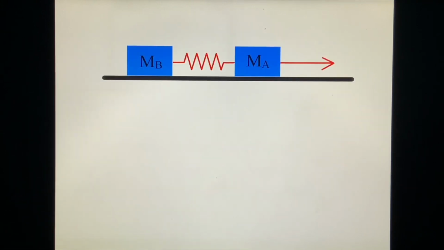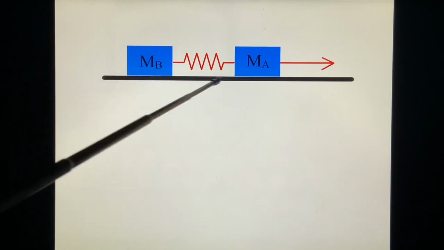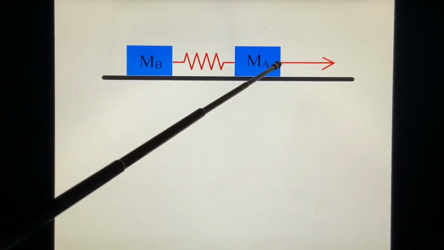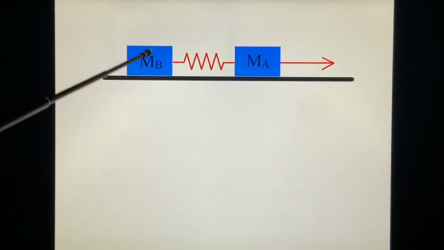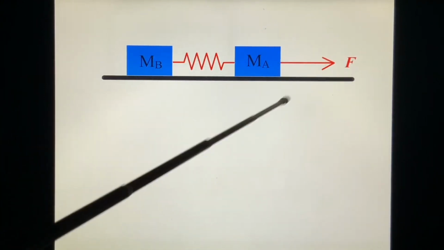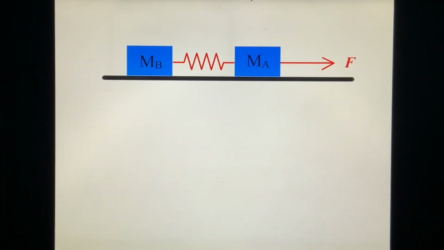Now, in this case, the point is the light spring. The light spring can vibrate. So the acceleration aA is different from acceleration aB. When F of 200 Newton is applied, we look at mA. How many forces are acting on it?